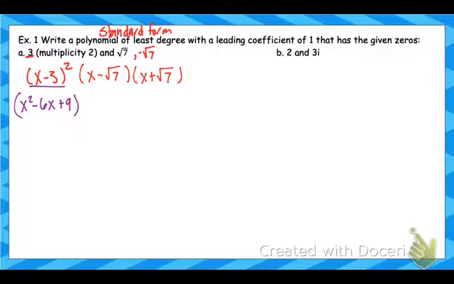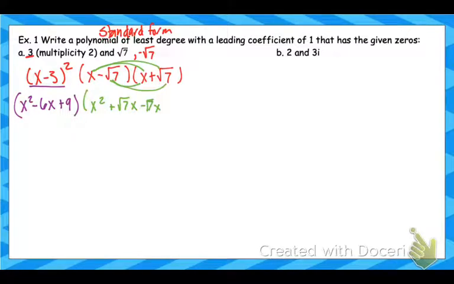Moving on to the next one, we need to FOIL this out. The nice thing is this looks like a difference of squares. So let's go ahead and FOIL. x times x is x squared. x times the square root of 7 is the square root of 7 times x. Then minus the square root of 7 times x.